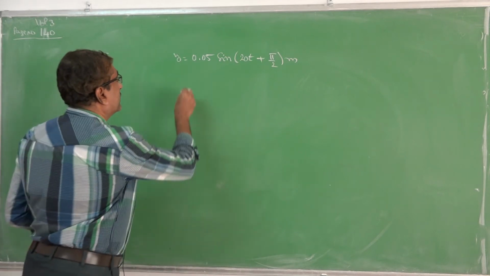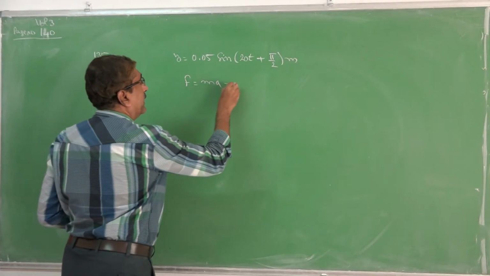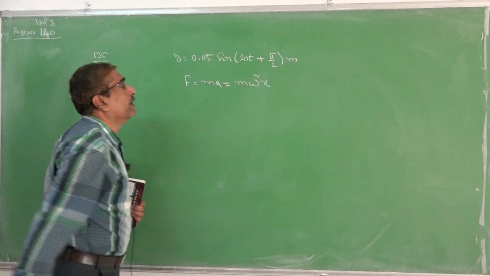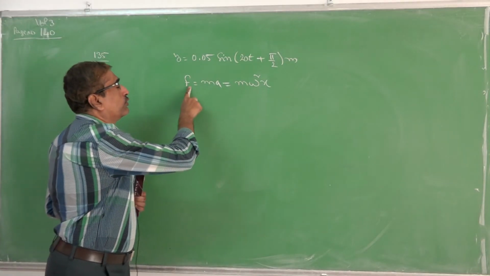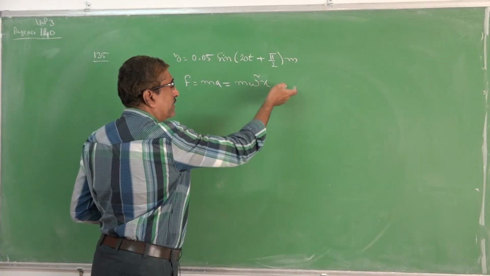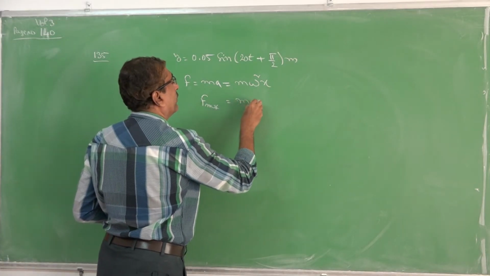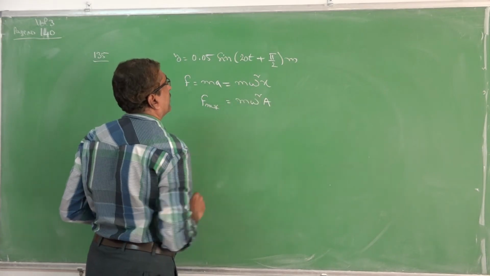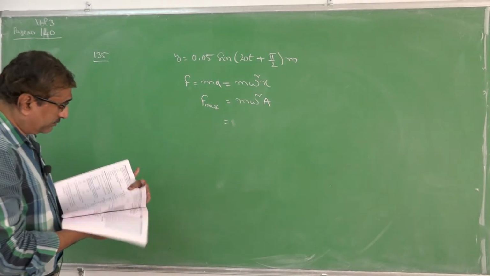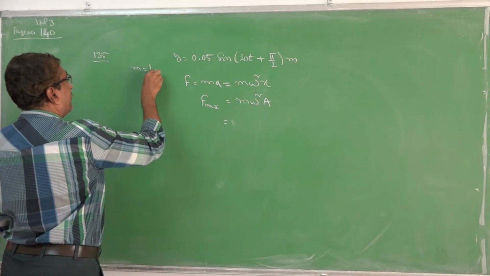So force is equal to, as we know, ma, but in SHM, a is given by omega square x. Force will be maximum when the displacement is maximum. The maximum displacement is called amplitude. So F max is equal to m omega square A. Now substituting: mass is given as 1 by 4 kg.